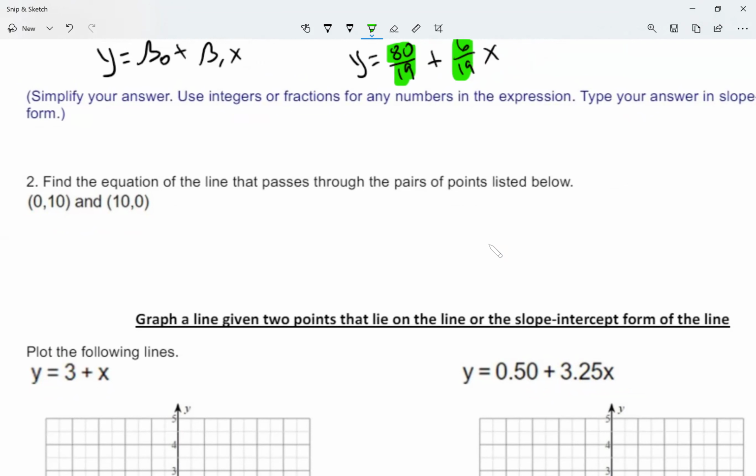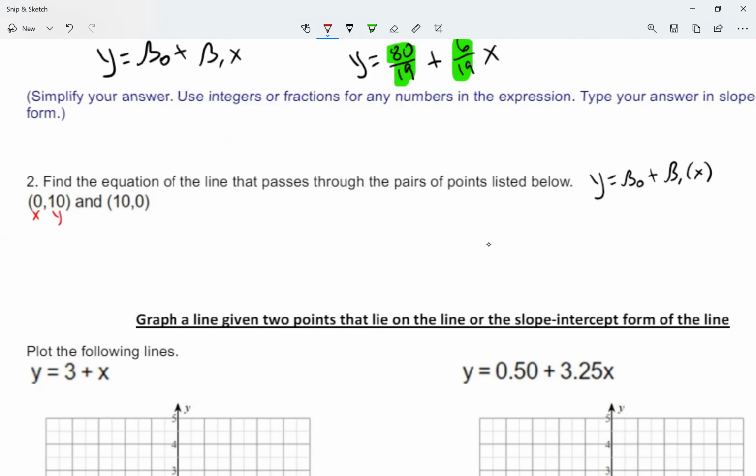I'm going to use the formula y equals beta 0 plus beta 1 times x. Looking at my first point, x equals 0, y equals 10.